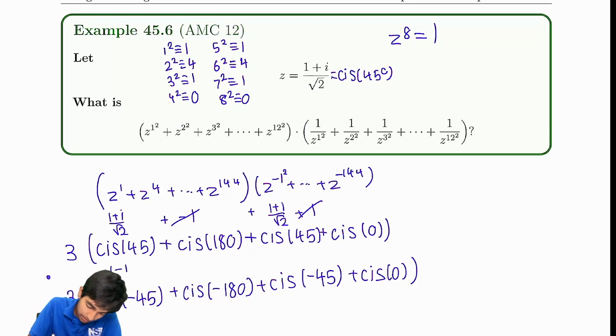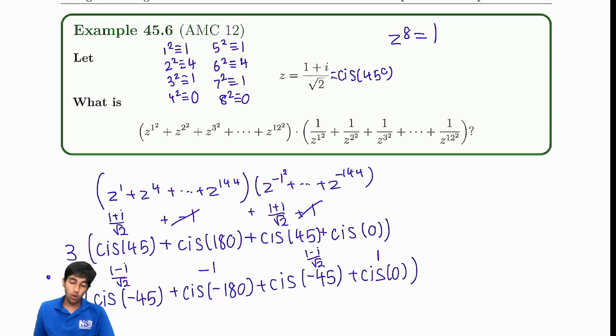So 1 minus I over root 2. Here we just have cis of negative 180, which is the same as cis 180, negative 1. Here we have 1 again, and here we have 1 minus I over root 2. So overall, we have 3 times (1 plus I) over root 2, times 3 times (1 minus I) over root 2.